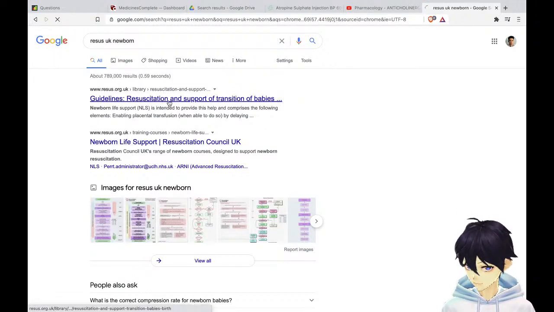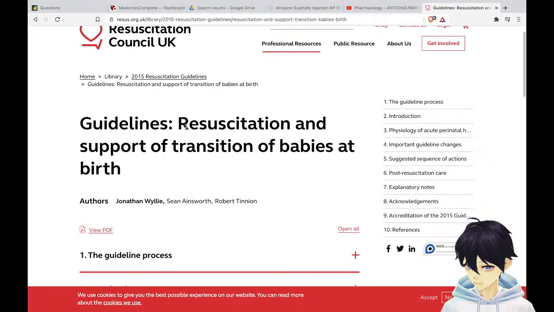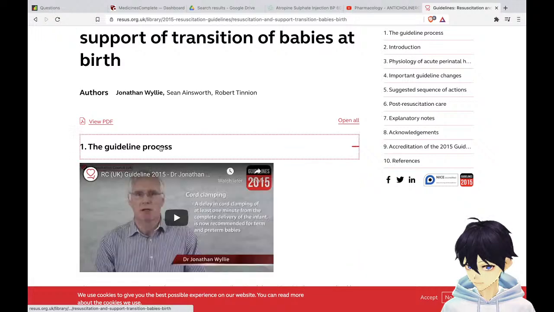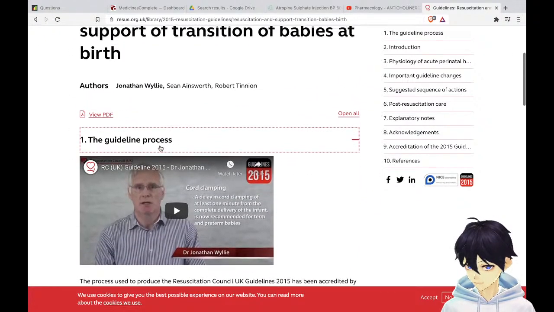Guidelines: resuscitation and support of transition of babies at birth. Is this the guideline that we're looking for?